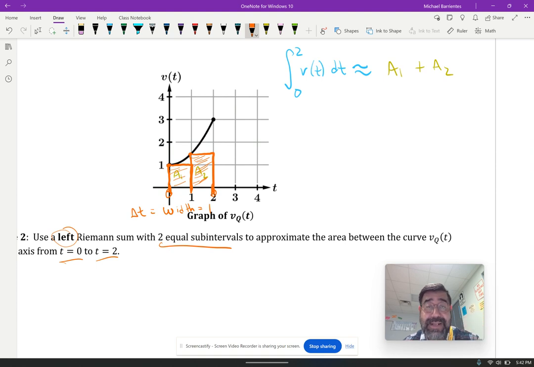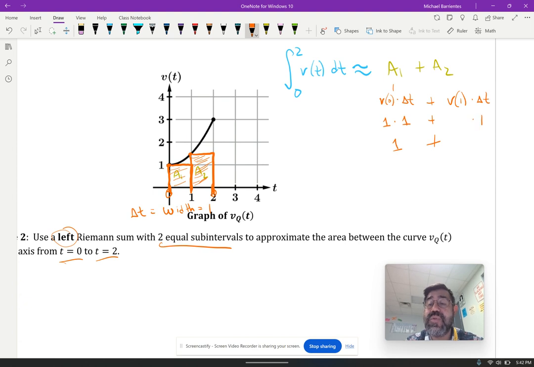And mathematically, or I guess numerically, we can figure it out, that the area here for this first one, the height was 1. So I'm going to say v of 0 times delta t. V of 0 is 1, delta t is 1, so this first rectangle is 1. And that should make sense because look, the base is 1, the height is 1, so 1 times 1 is 1. Plus, this is going to be v of 1 times delta t.